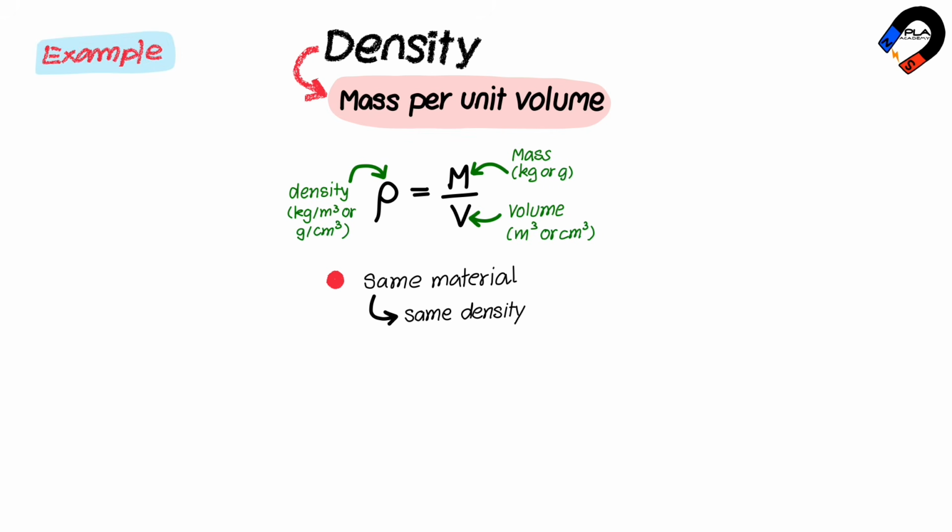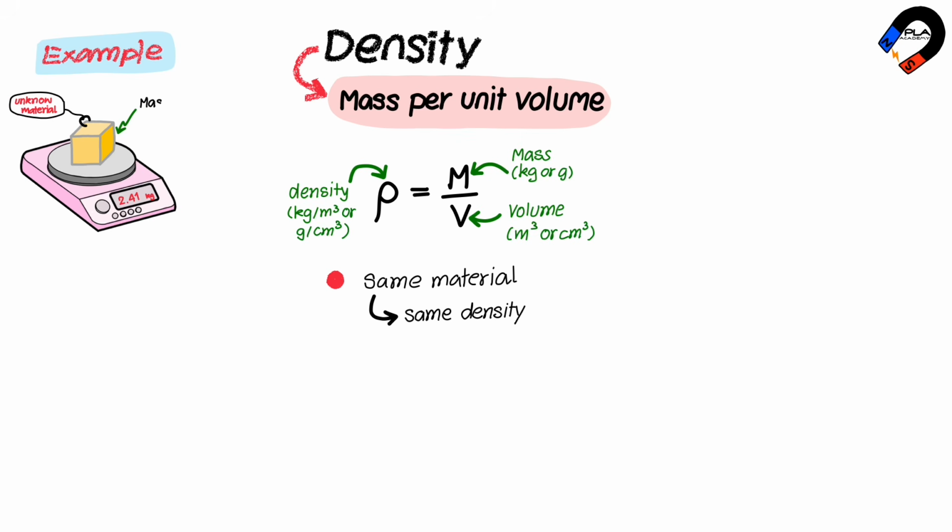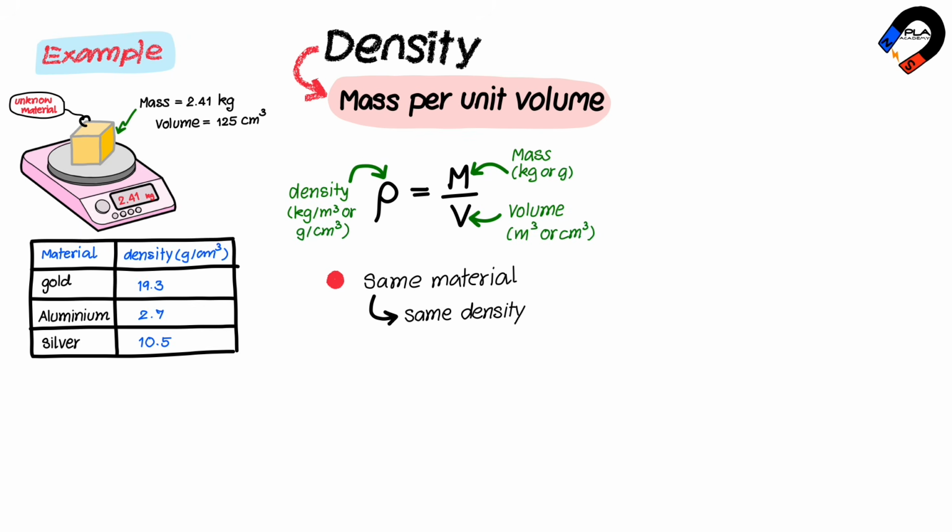For example, let's say we know an unknown material with a mass of 2.41 kilograms and a volume of 125 cubic centimeters. We know the densities of gold, aluminum, and silver as shown in the table. To determine which material our unknown sample is made of, we can use the equation density equals mass divided by volume.